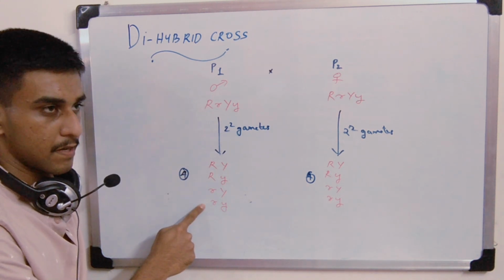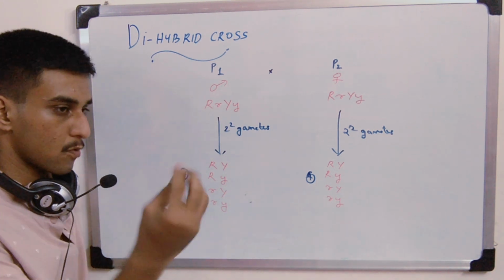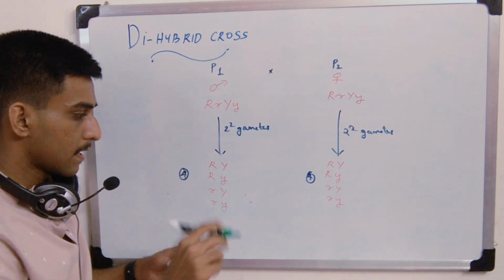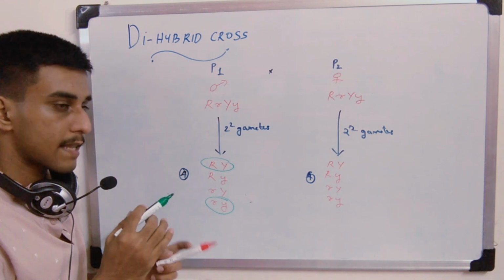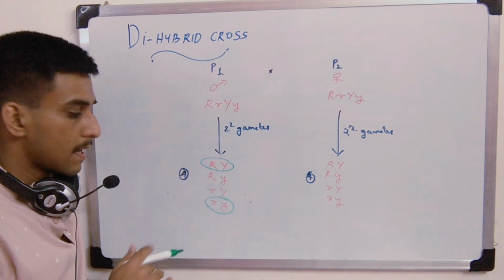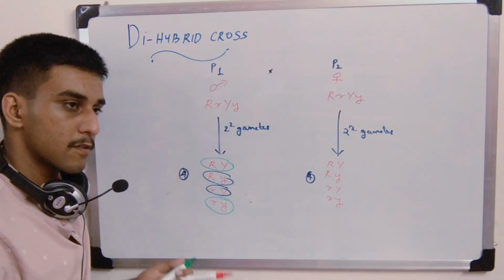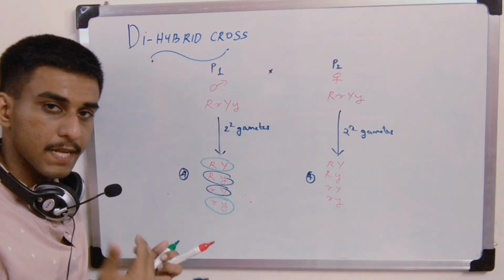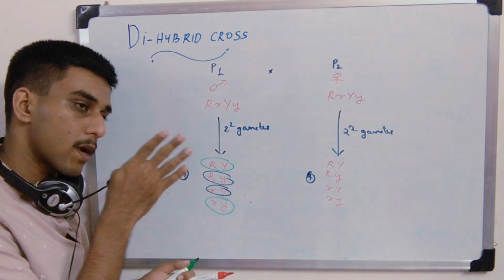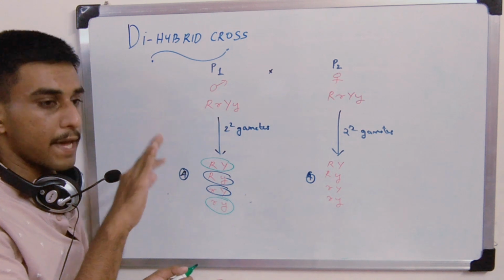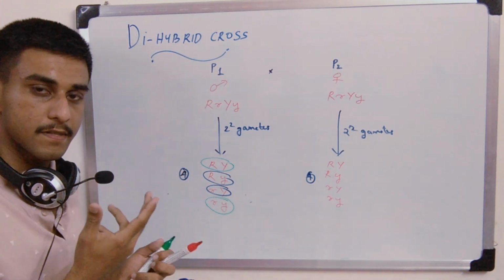If you remember, in the first parental generation, you have capital R capital Y in parent 1 and small r small y in parent 2. So the two gametes marked here are the parental gametes. And what about the other two here? These are non-parental gametes, which are formed by the process of recombination. So in four gametes, two gametes are parental and two gametes are non-parental. This is by the process of recombination.